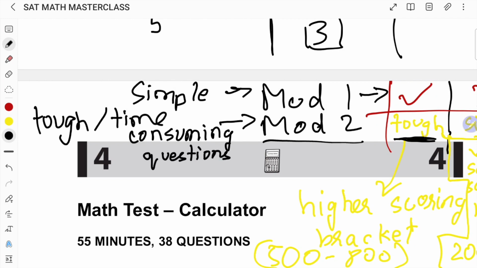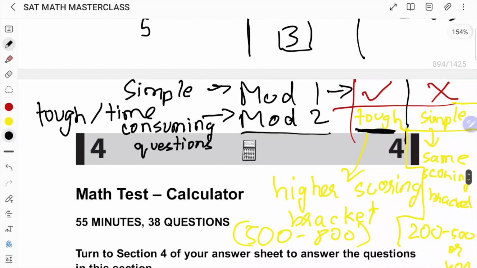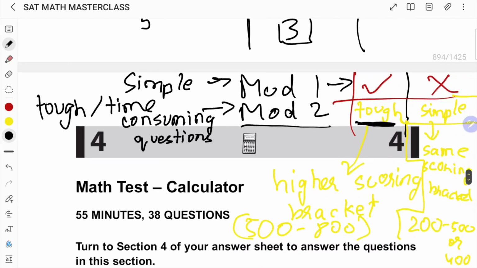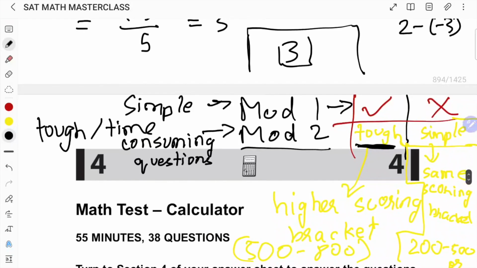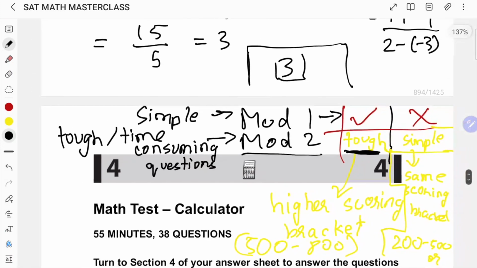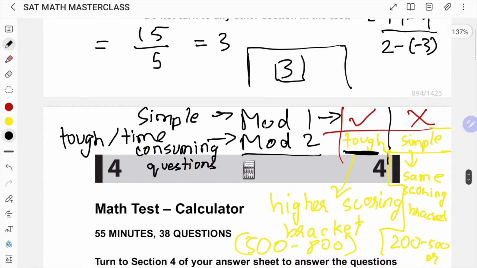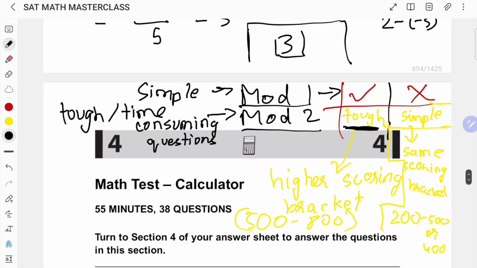The Module 2 questions for the tough section are really tough, or really time consuming. So Module 2 is all about using those shortcut methods. When you go to Module 2, you must be prepared, you must not waste any time, you must be really focused. So in the 10-minute break which you're given between Module 1 and Module 2, make sure you refocus when you start Module 2.